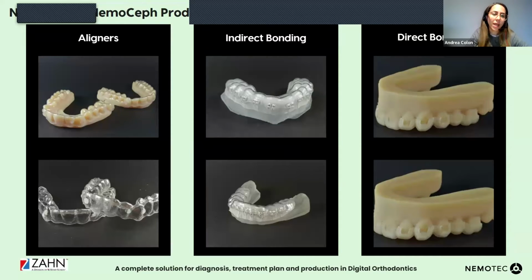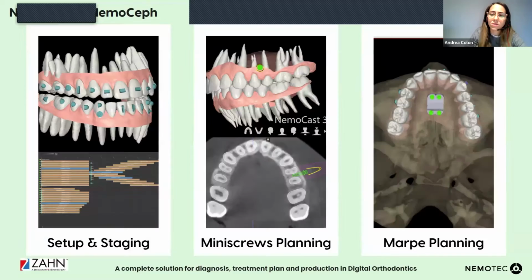So not only aligners, you can also offer this service maybe for those doctors that are still doing traditional orthodontics, which of course is demanded in some cases depending on the complexity. So you can also offer these kinds of devices.